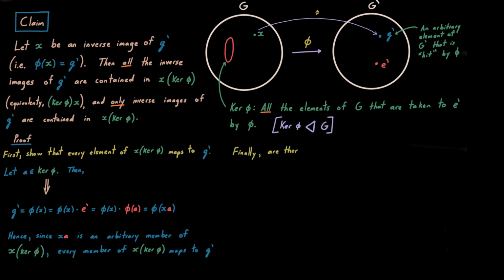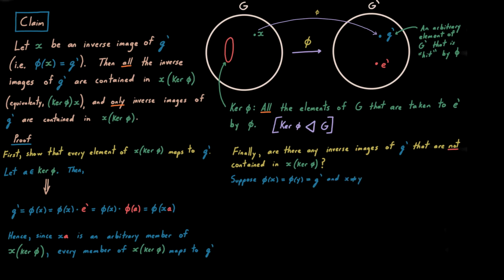And finally, the second part of this proof comes by way of this question here. Are there any inverse images of lowercase g' that are not contained in x times the kernel? Well, to answer this, let's pluck any two elements from capital G, x and y. Suppose they're not equal, but suppose that phi maps them to the same value, g'. Now let's draw some implications of this statement via right side multiplication by the inverse of phi of x.